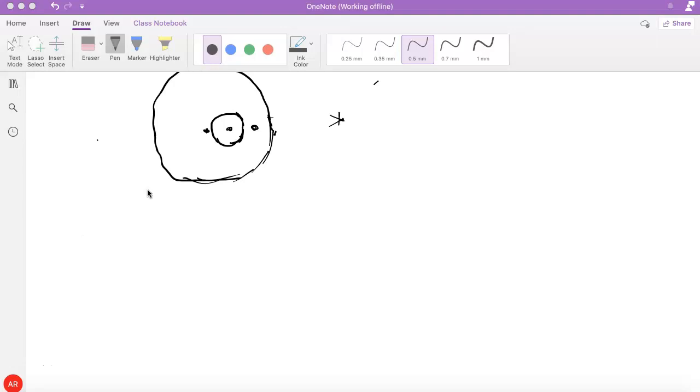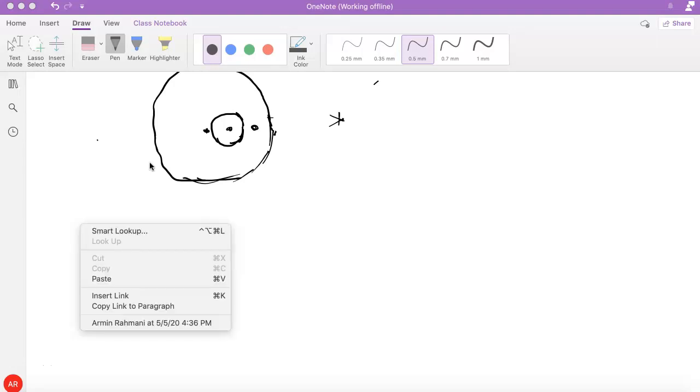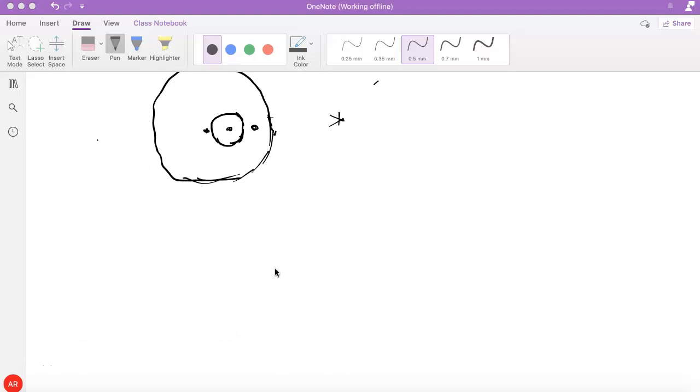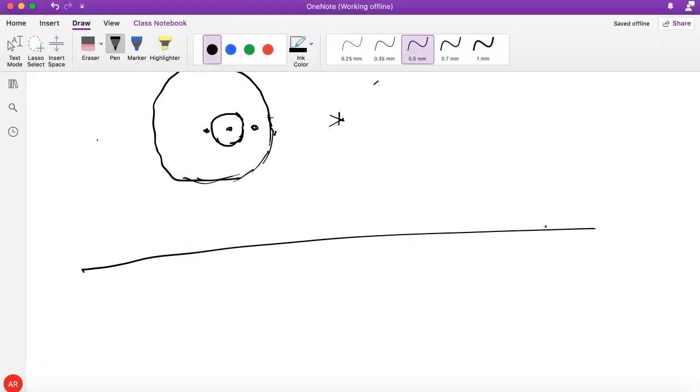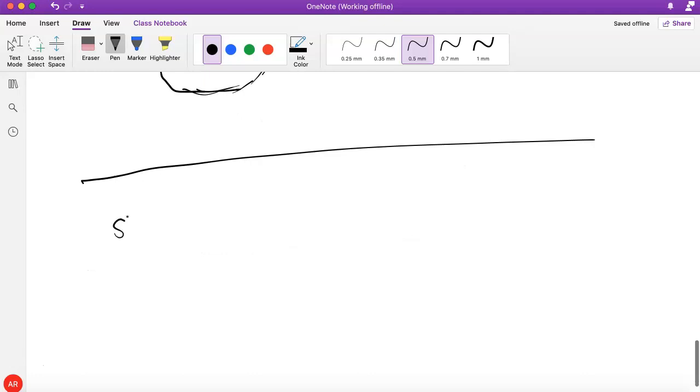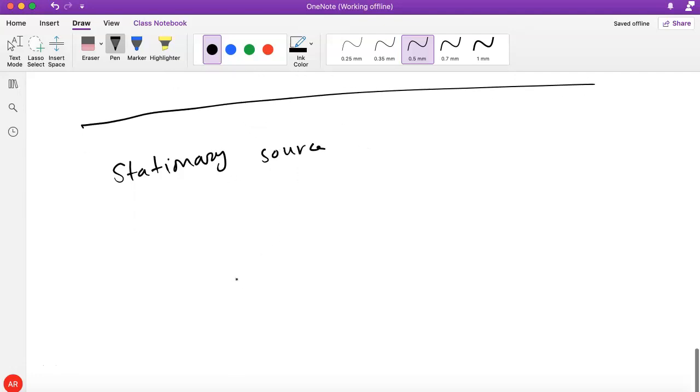So one way to do it is to just consider two wavefronts. So let's for now forget about the source moving, and think about a stationary source, and consider two wavefronts.